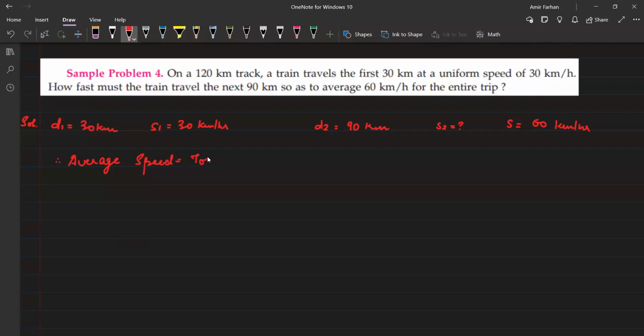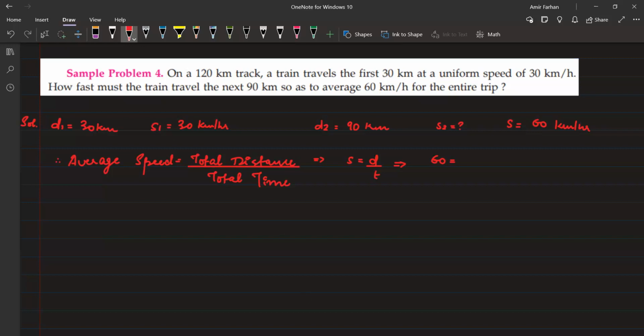Average speed is equal to total distance upon total time. So S is given to you, S equals D by T. S is 60, D is the total distance, 30 plus 90, the 120 kilometer track.